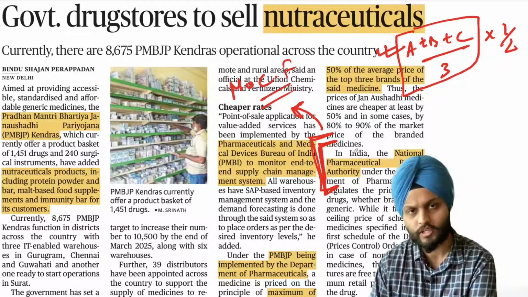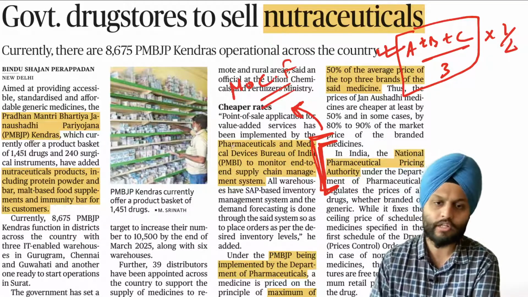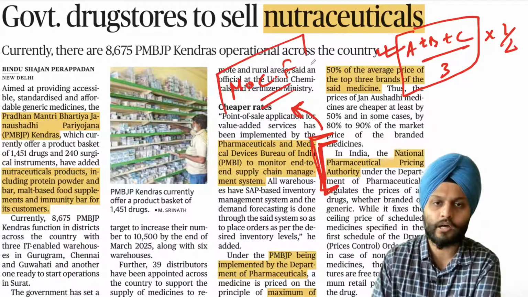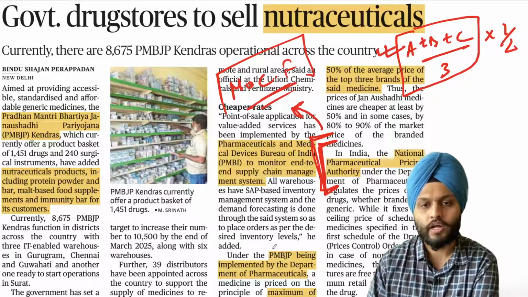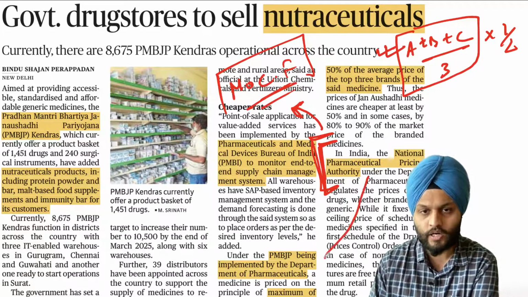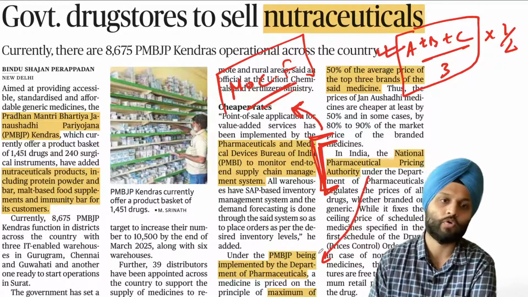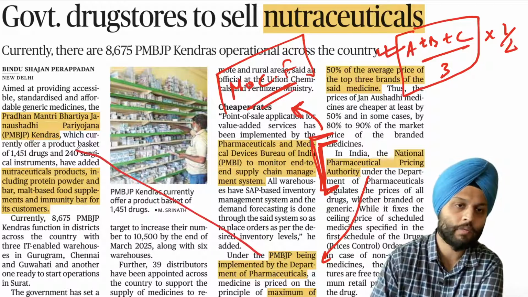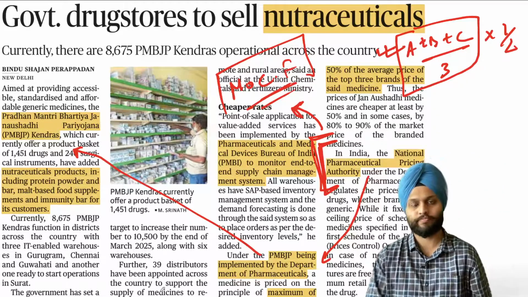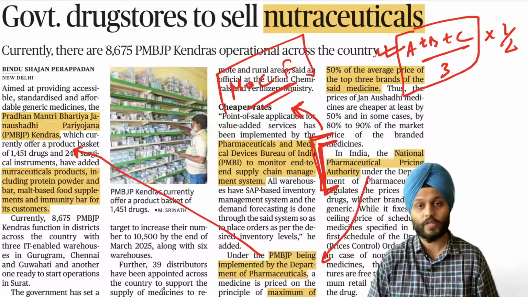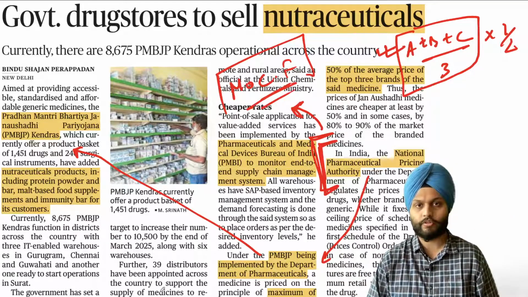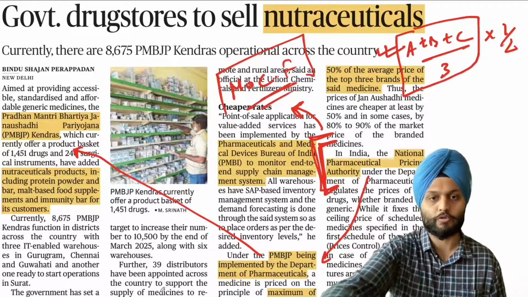Pharmaceutical is chemical. Even though it is dealing with healthcare, the pricing is coming from the Ministry of Chemicals and Fertilizers. In fact, this works under the Department of Pharmaceuticals. In fact, the scheme is also under the Department of Pharmaceuticals, which comes under which ministry? Ministry of Chemicals and Fertilizers. Right, so this concept is done. Now moving on to the next one.